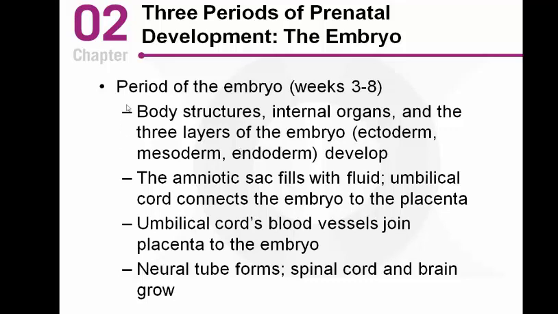Now, in addition to what we have going on with the embryo, we're also going to have the amniotic sac filling with fluid. That fluid is there to help provide cushioning, to help protect the embryo, and then the umbilical cord is going to connect embryo to placenta, and then placenta will be connected to mom, so that we have a flow from mom to baby of the nutrients, oxygen, things that you need to develop.